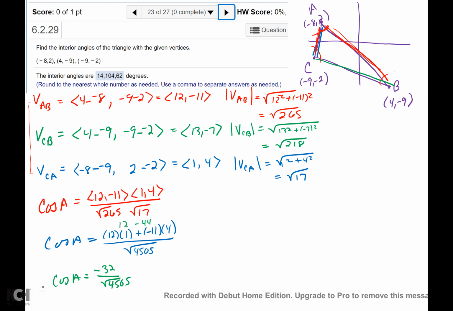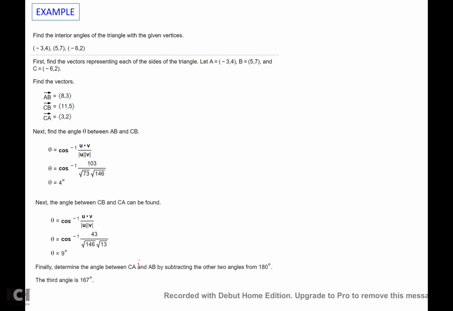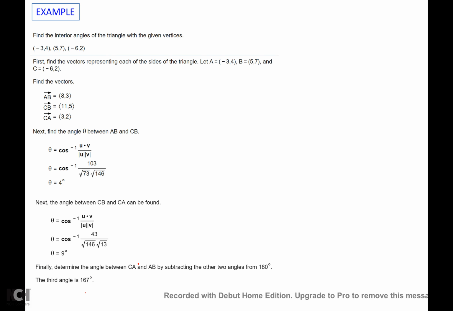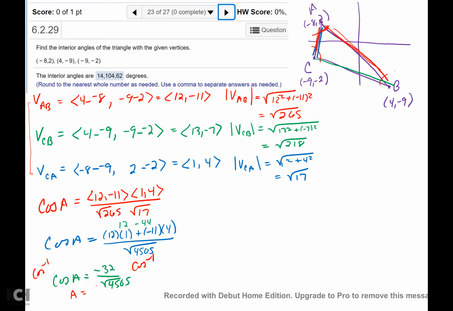We have to kill cosine. That's what it is. I get too close to the bottom and it flips it. So I get angle A equals 118.5 degrees.